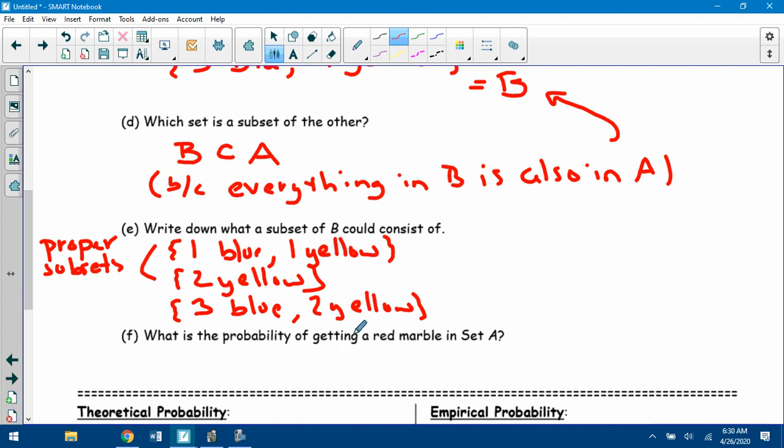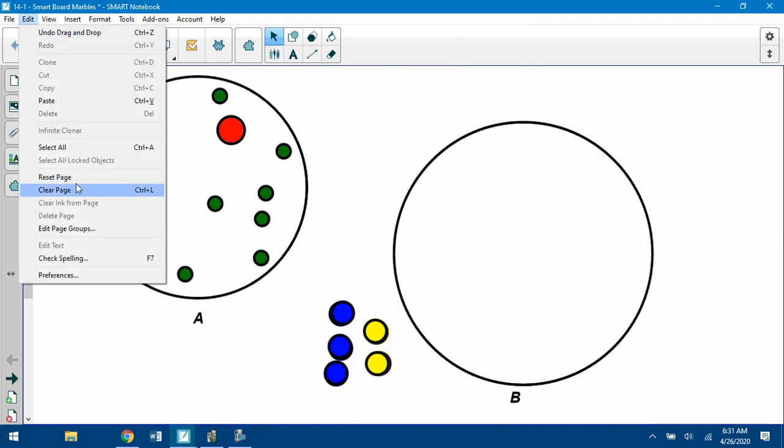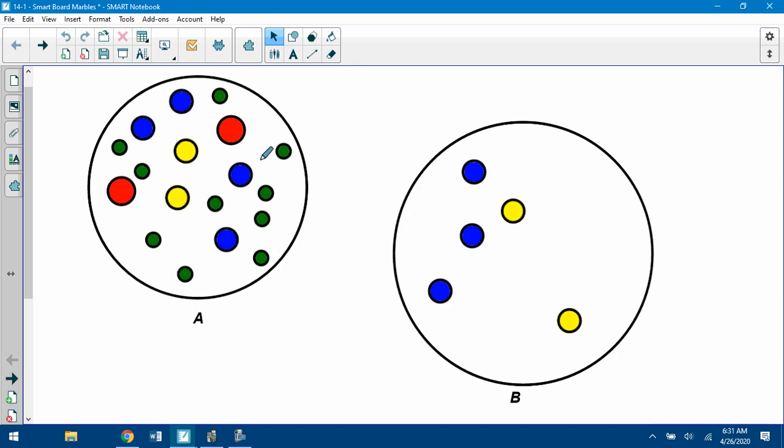Then finally, what's the probability of getting a red marble in set A? So you could write this as probability of red, which would just be the number of red in set A over the total possible values in set A. Okay, so if I reset this one more time, you can see the number of red is 2. 2 out of how many marbles in here?